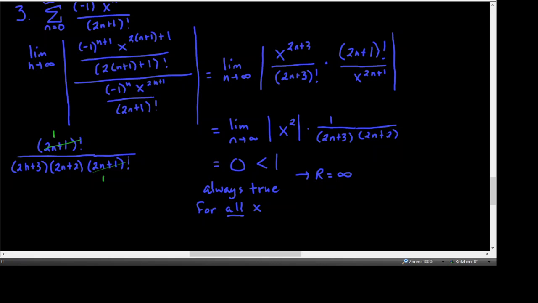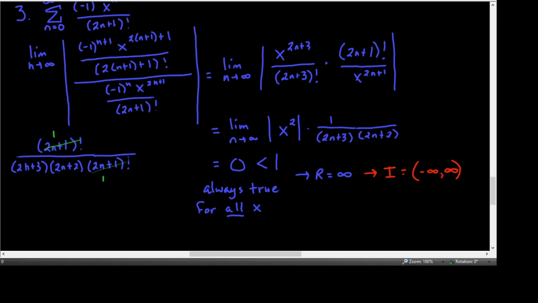So I'm going to go ahead and write the answer for the interval of convergence, because whenever the radius of convergence is infinite, that means the interval of convergence, the real numbers that make that happen, are all of them. Okay, so that's our interval of convergence when the radius of convergence is infinite.